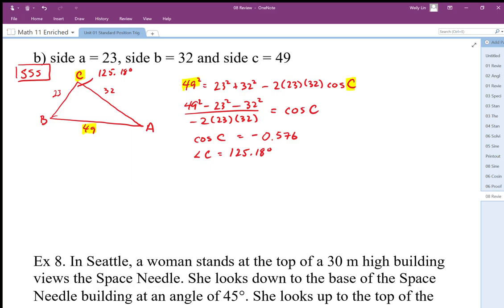So here I'm going to solve for angle A using sine law. Sine A over 23 is equal to the known ratio, although it wasn't known at the beginning, now it's a known angle and opposite side pairing.